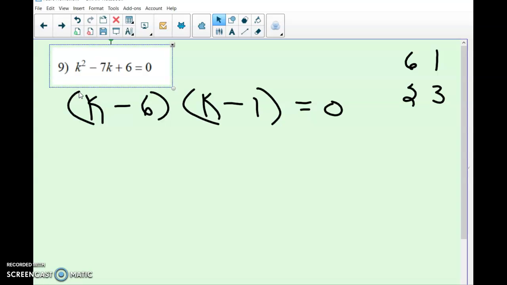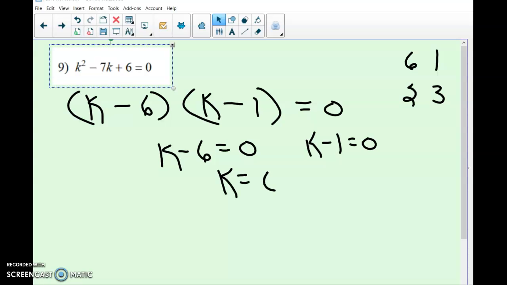So I have k subtract 6 times the quantity k subtract 1 equal to 0. Therefore, k minus 6 will equal 0, and k minus 1 would equal 0. K being equal to 6, k being equal to 1. Any questions? Got to be sure.